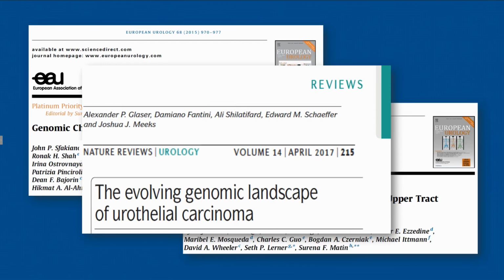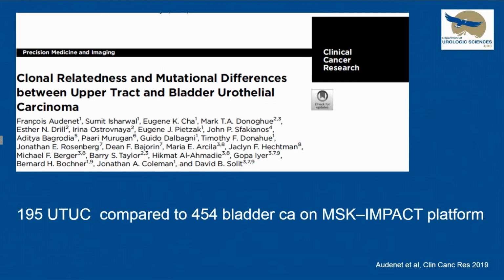And the data is slowly adding up, but I'd like to hone in on this one paper, which is the largest to date. It's also from Sloan Kettering, so it's an update of the prior paper. And it compares 195 upper tract tumors to 454 bladder cancers that have been sequenced on the panel of genes tested with the MSK-IMPACT platform.